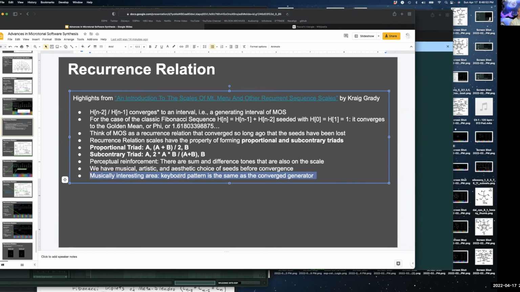That could be a strategy that you want. I want to exploit these MOS with this keyboard pattern. Therefore, I will make seeds for a recurrence relation that will fill that out. And since I don't do 2D keyboards or keyboard mappings a lot, this is an area for more exploration.